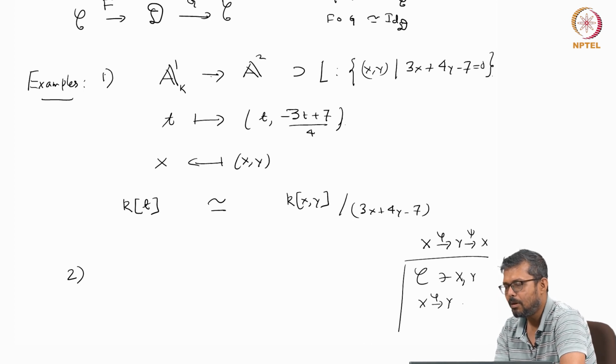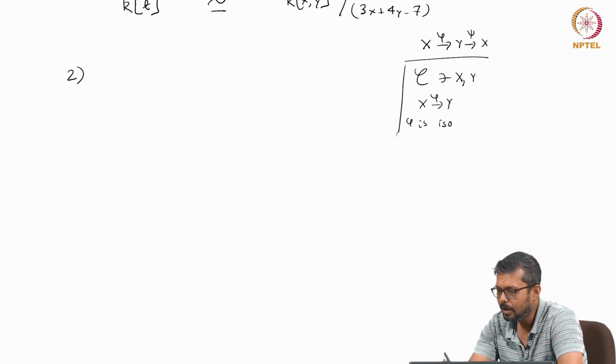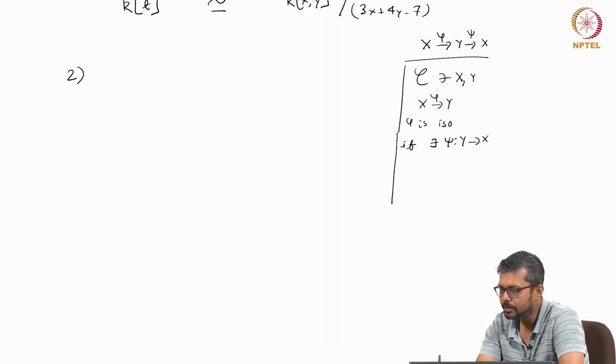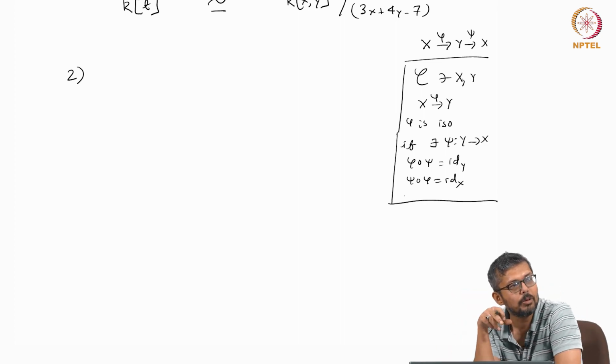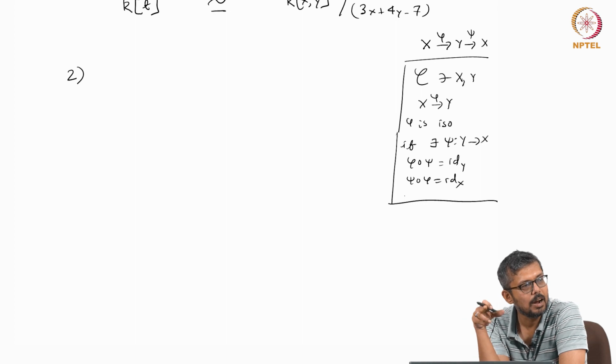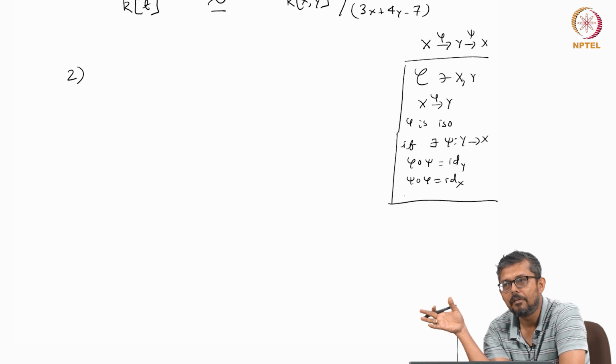Then you say phi is an isomorphism if there exists a psi from Y to X such that phi composition psi and psi composition phi are both identities, one on Y and the other on X. Now because phi composition psi is the identity, their star will go to the identity, because it's a functor.